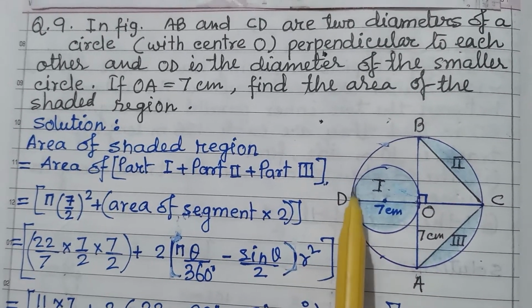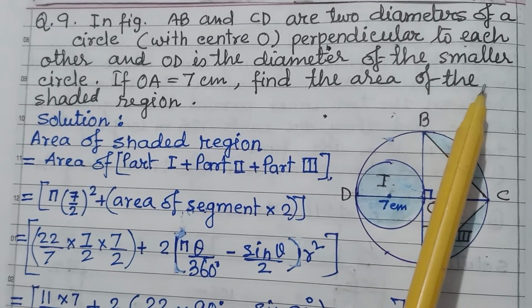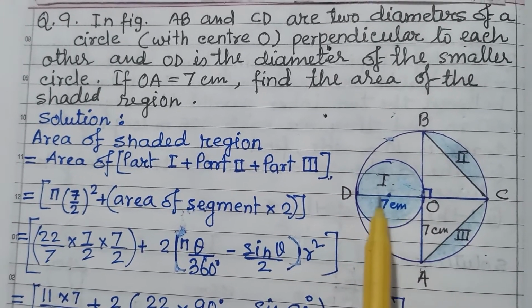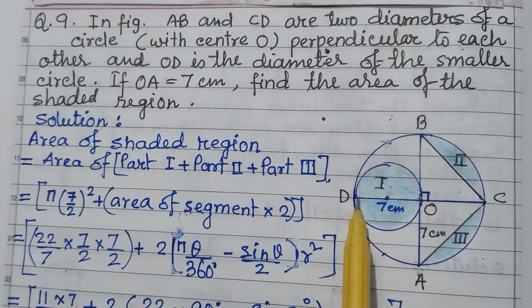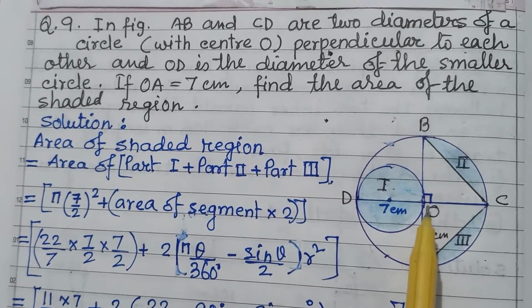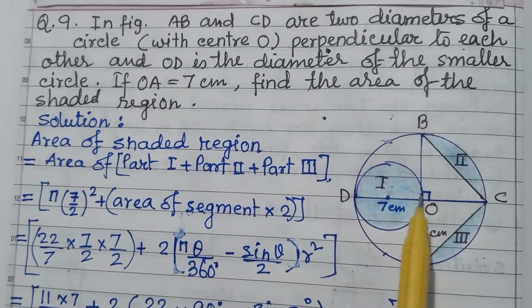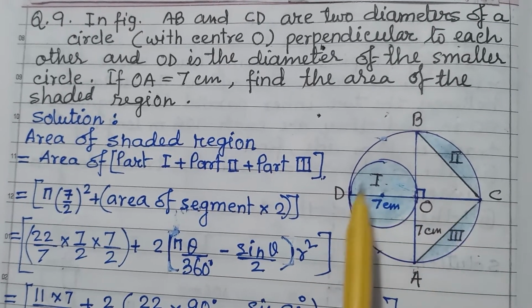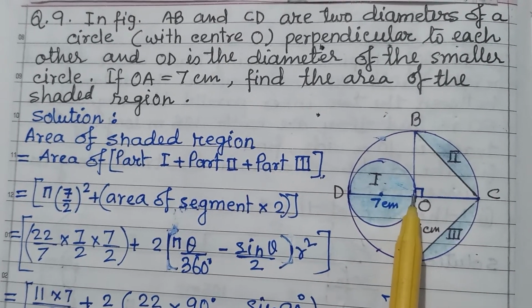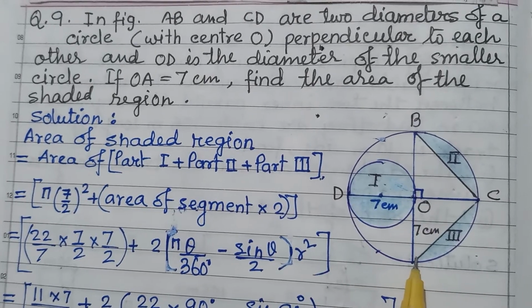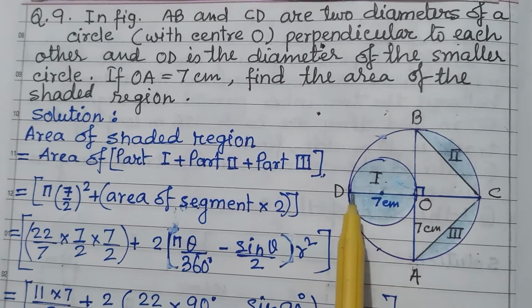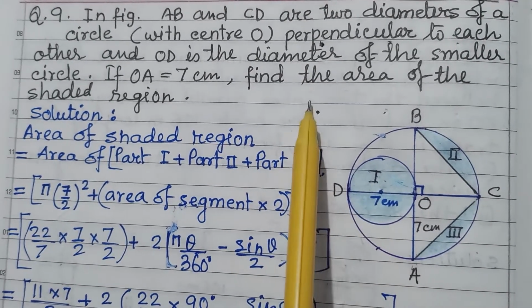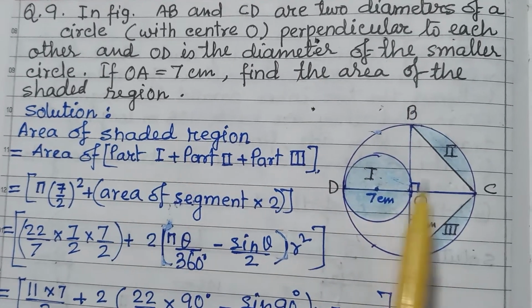OD is the diameter of the smaller circle. OA is equal to OD is equal to OC, and OB is equal to them, because they are perpendicular bisectors. So OA is equal to 7 centimeters. That means we can write OD is also 7 centimeters. Find the area of the shaded region.